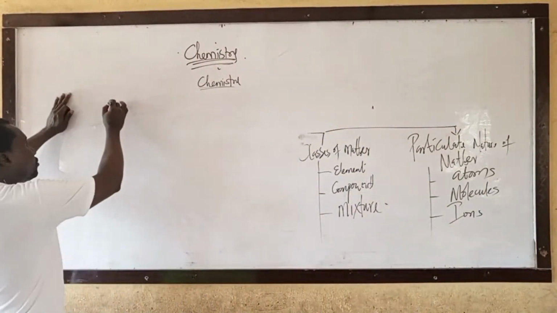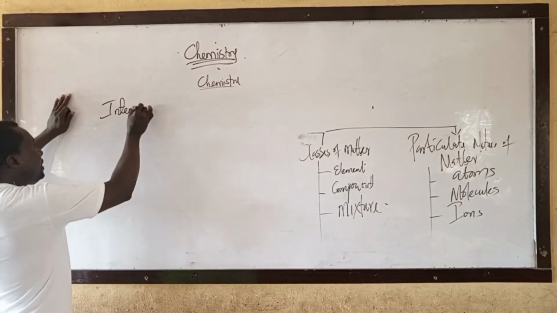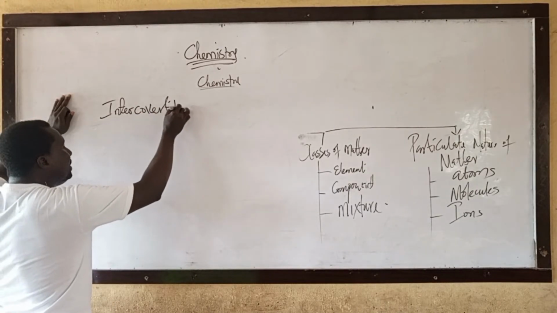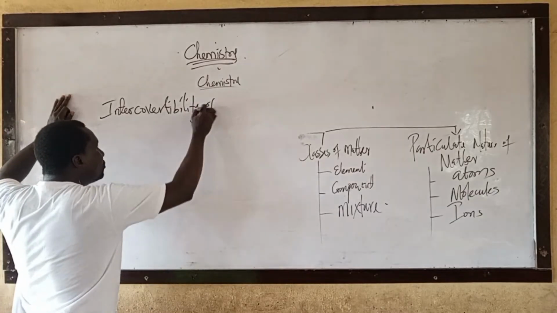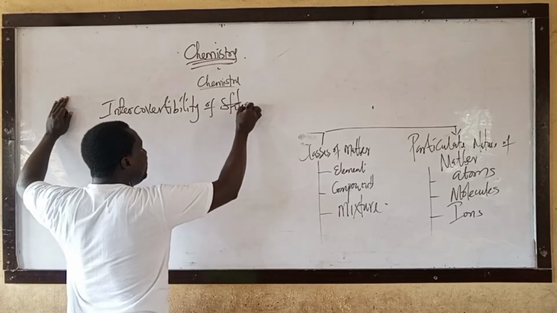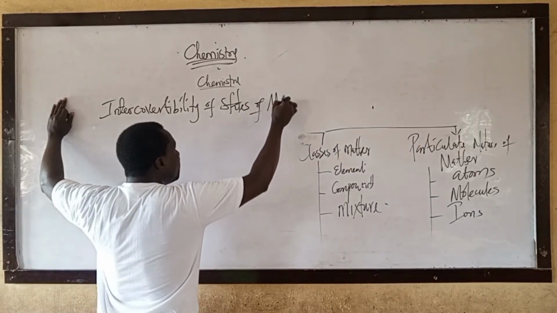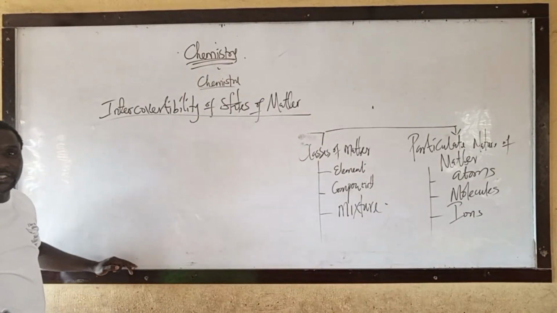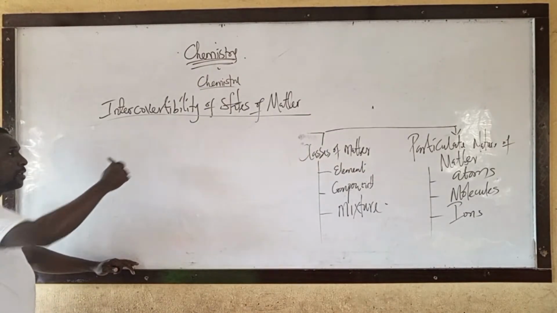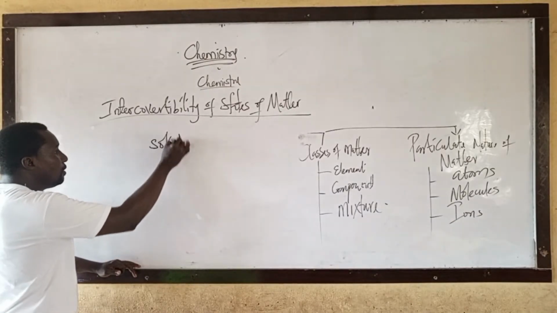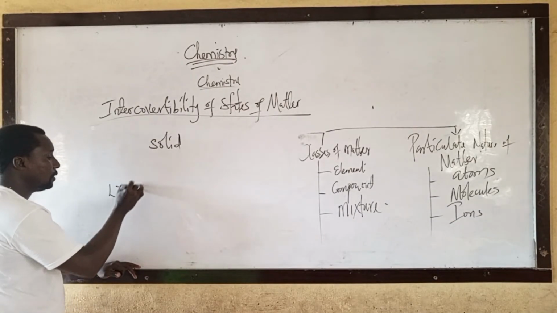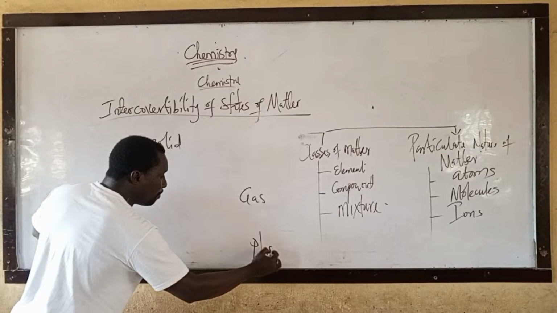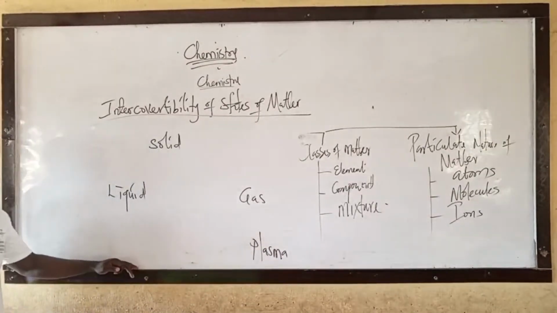Under the state of matter, let's look at the interconvertibility of state of matter. When you have solid, you have liquid, you have gas, you have plasma. Let me put plasma here.